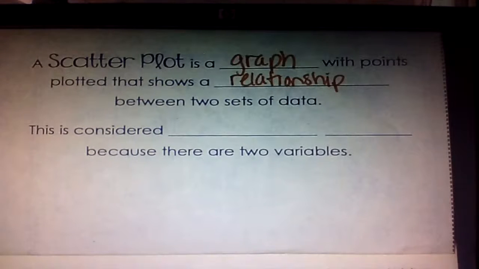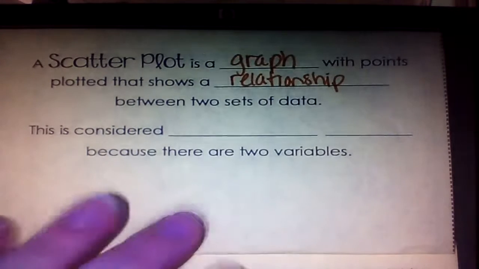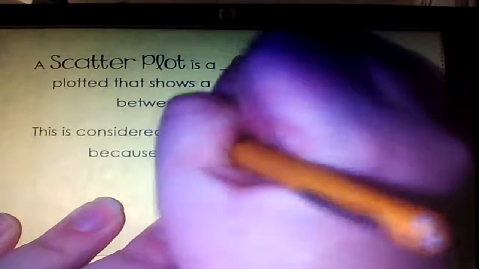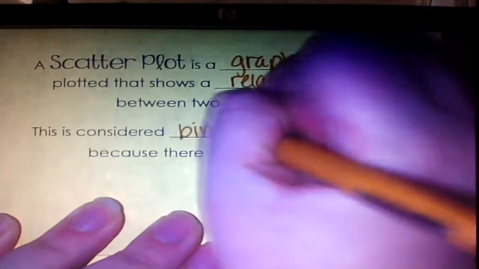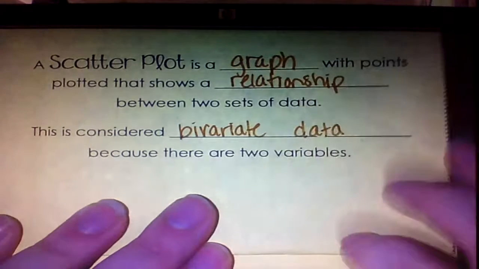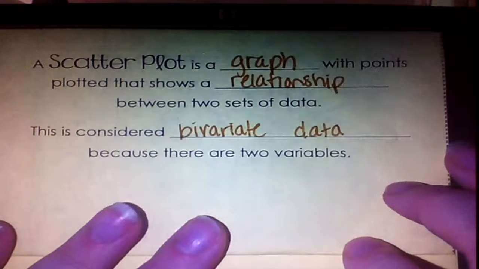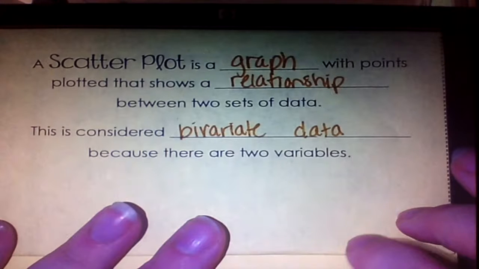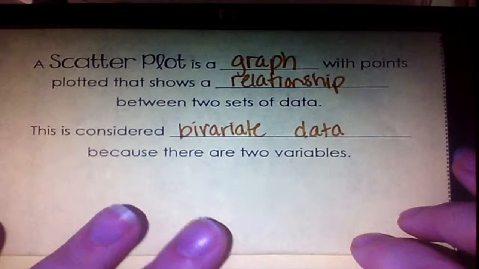Because this is two sets of data and there are two variables, we call this bivariate data. Think about it. In English, what does bi mean? Two. Bicycle, two wheels.